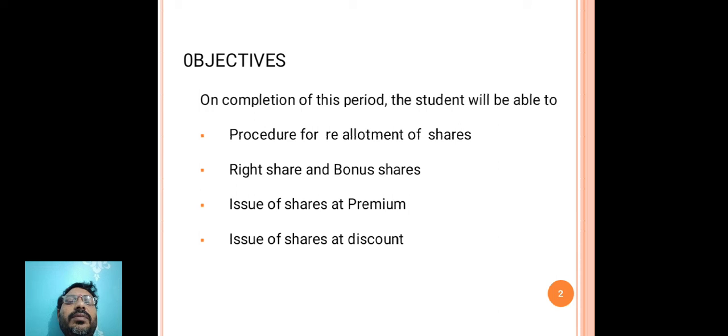And in this session you will be able to know the procedure for reallotment. Last class there was allotment, and here it is reallotment.